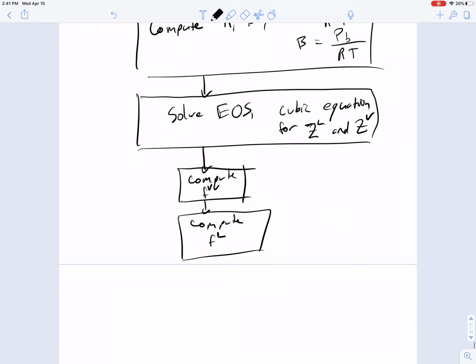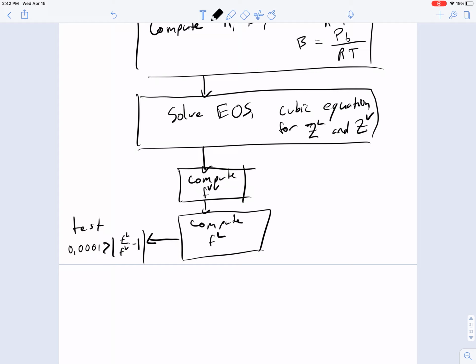Okay, then you do a test. Is 0.0001 greater than the absolute value of FL over FV minus 1?